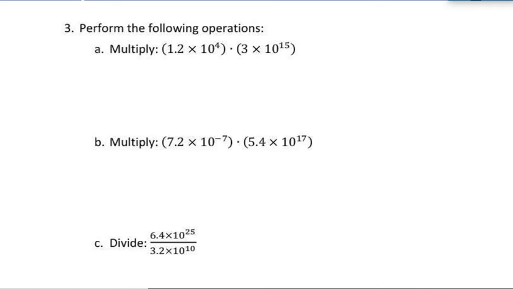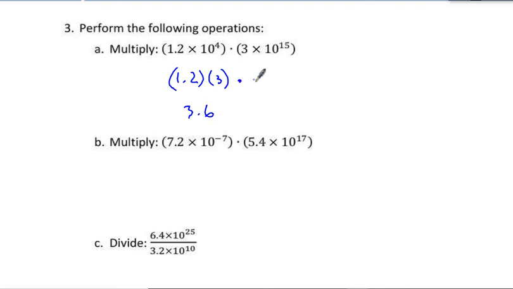Now we're going to perform some operations like multiplying and dividing scientific notation numbers. You'll see this is very similar to operating with the properties of exponents. So we have 1.2 times 10 to the 4th times 3 times 10 to the 15th. 1.2 times 3, those were both constants. We can multiply those and get 3.6.